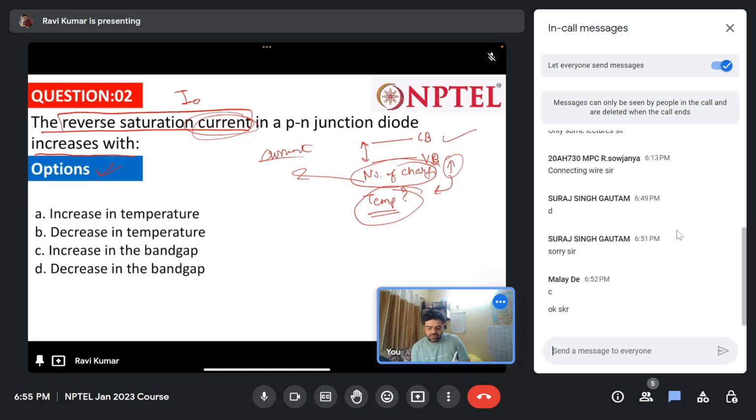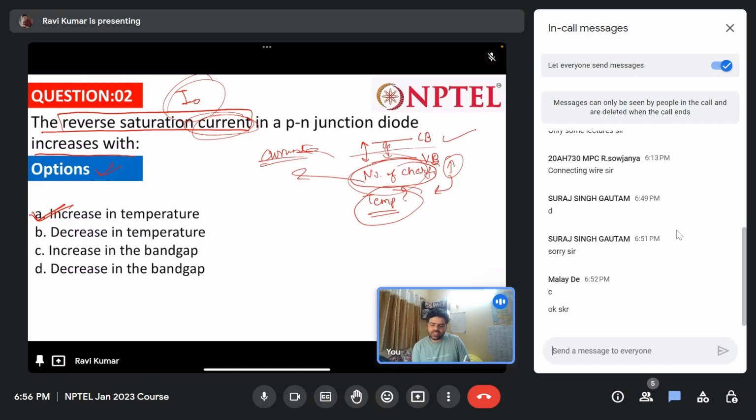And if these are some minority charge carriers, then it will increase the reverse saturation current. First will be an increase in temperature, and second, I told you this band gap is decreased, then conduction will increase. So it doesn't matter if it is minority charge carriers or majority charge carriers, it will constitute a current easily.